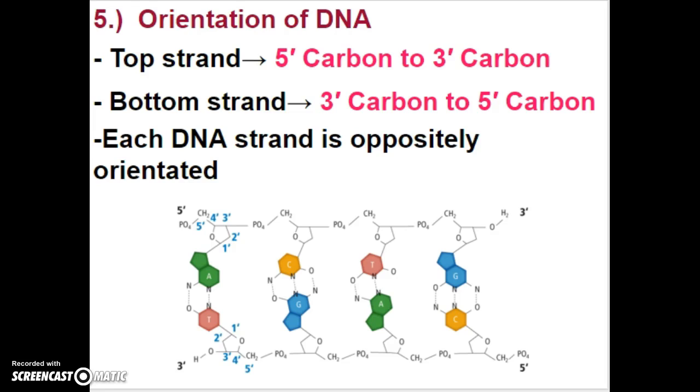The top strand and the bottom strand are basically running opposite of each other, so that the bonding points on the nucleotides can bond at the same place for either the top strand or the bottom strand. The top strand runs what we call 5' to 3'. The bottom strand runs from 3' to 5'. Basically, what you need to know is that each DNA strand is oppositely oriented to the other.